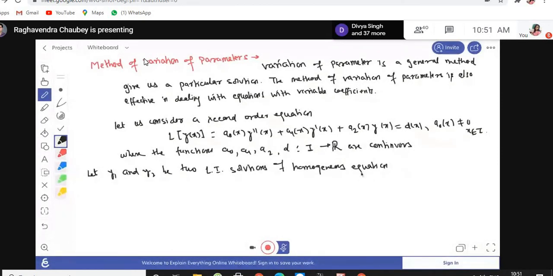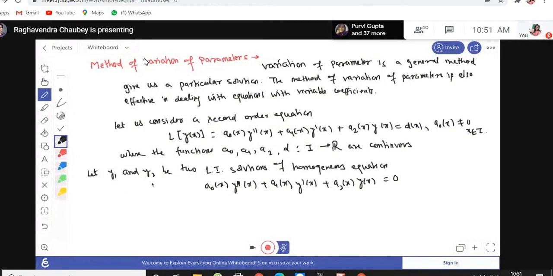So what is a homogeneous differential equation? This means we can write y double prime x plus a1(x) y prime x plus a2(x) y(x) equals 0. So this is a homogeneous second order linear differential equation, and y1 and y2 are two solutions of this.